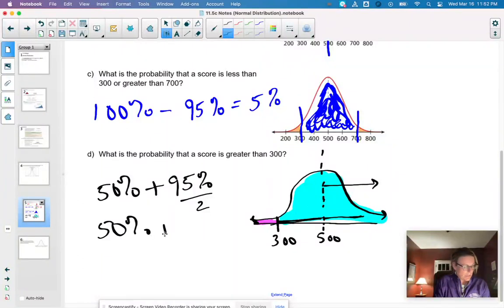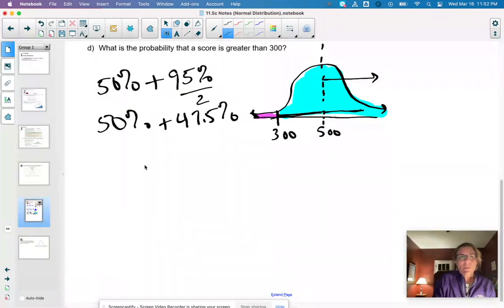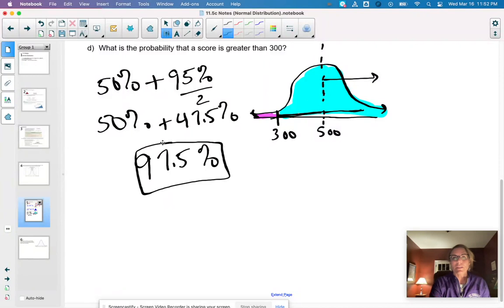So 50% plus 47.5% is, scroll down here, is 97.5%. That is the probability that the score is greater than 300. It's accounting for everything in the blue.